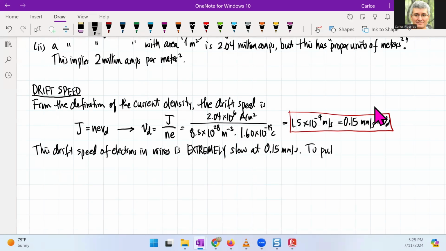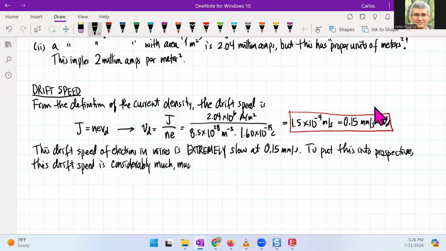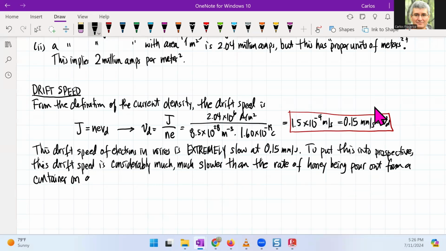So to put this into perspective, this drift speed is considerably, much slower than the rate of honey being poured out from a container on a cold day.